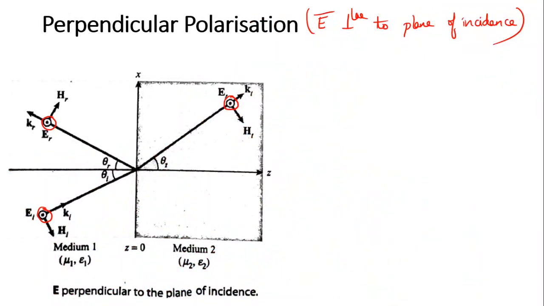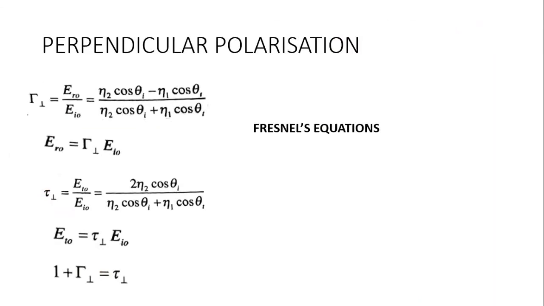Next, perpendicular polarization, we deal in the same way, and you will get the equations like this. You have to learn these two equations corresponding to reflection coefficient and transmission coefficient, and in case of perpendicular polarization this is valid: 1 plus reflection coefficient is equal to transmission coefficient.